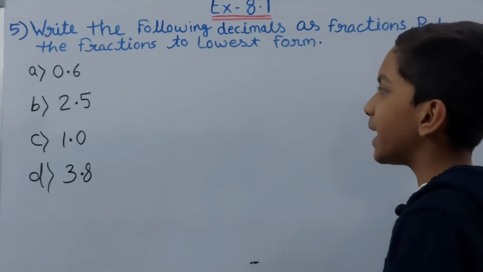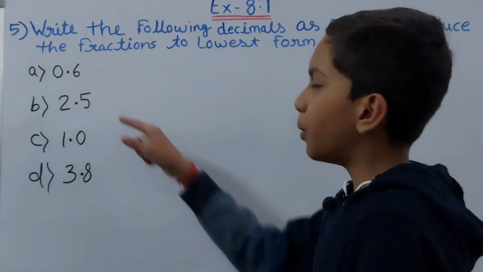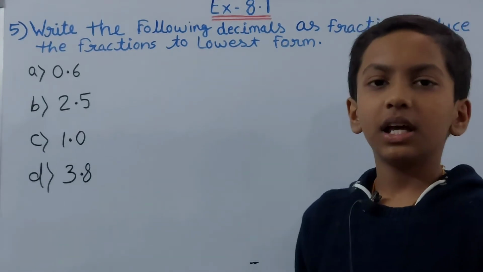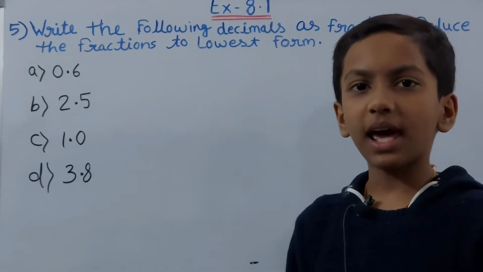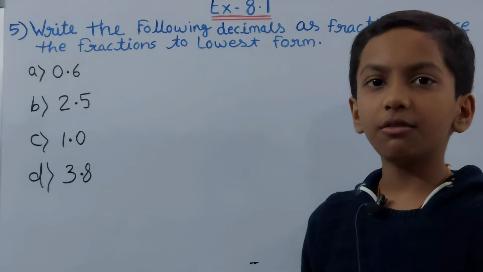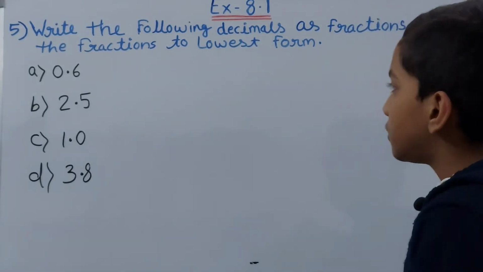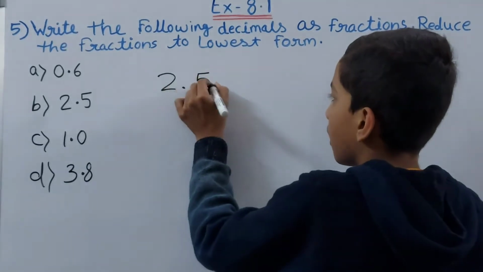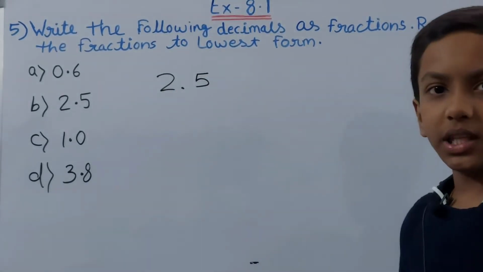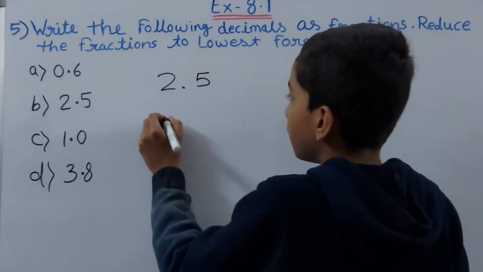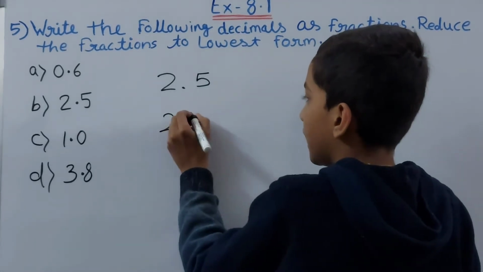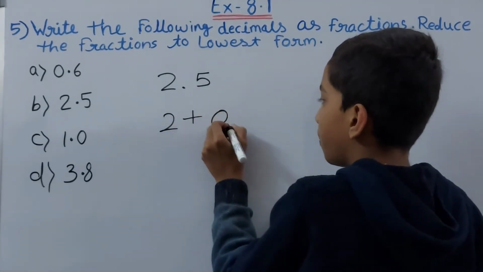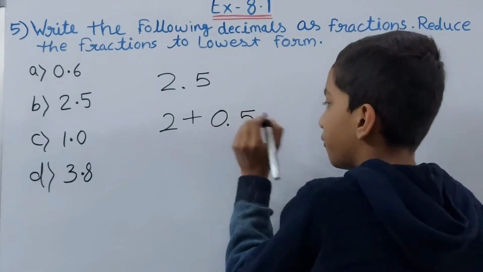So this is the B part and this is 2.5. Let's convert this into a fraction first. How will we convert this? We will break 2.5 down, that means 2 plus 0.5.